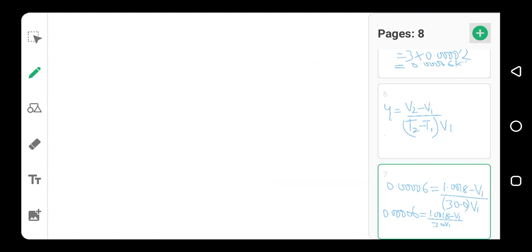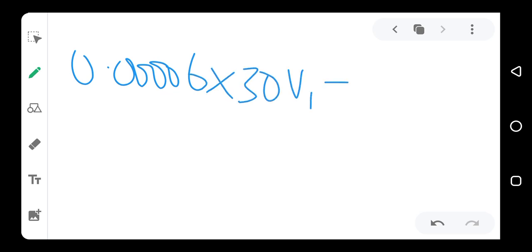Now this gives us 0.00006 times 30 V1 is equal to 1.0018 minus V1.